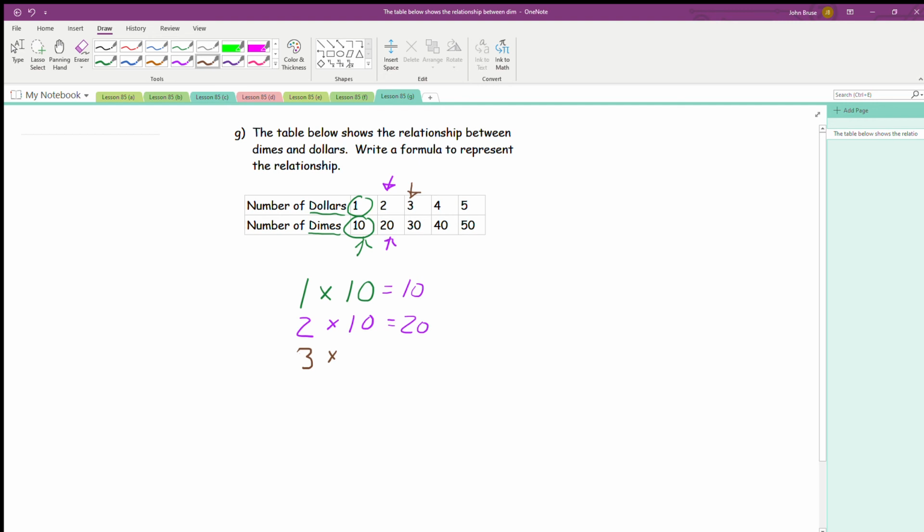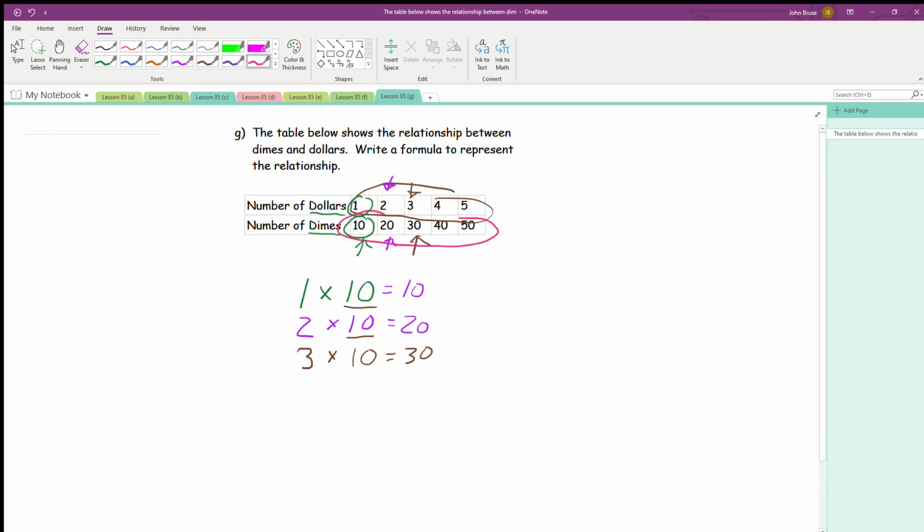On the first two, we did 10 and 10. So let's do 10 again. 3 times 10 equals 30. Hey, there we go. That worked. So what we're doing is we're multiplying this top row times 10. And that's giving us the bottom row.